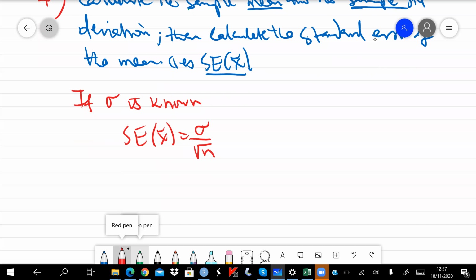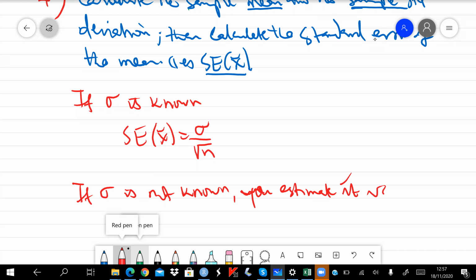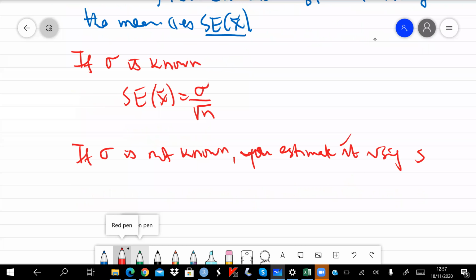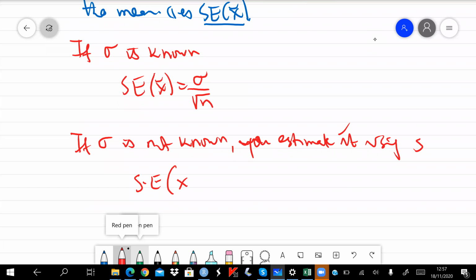Then if sigma is not known, we estimate it using S, where S is the sample standard deviation. And you say that the standard error of x bar is equal to S over root n. So this will be an approximate value, because S is an estimate of sigma. Okay. So basically that's step number 4.